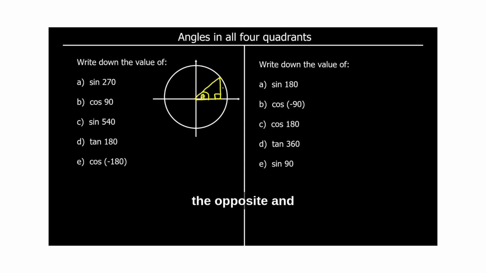So the opposite and the adjacent. Sine theta is the opposite divided by the hypotenuse. That means it's just the opposite. So sine is the y coordinate, cos is the x coordinate, and tan is the y divided by the x.